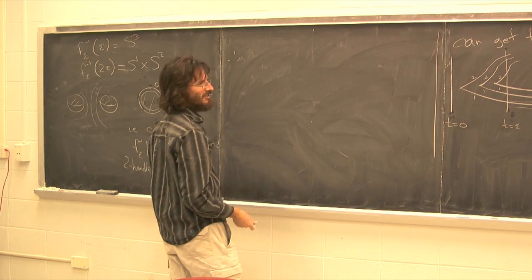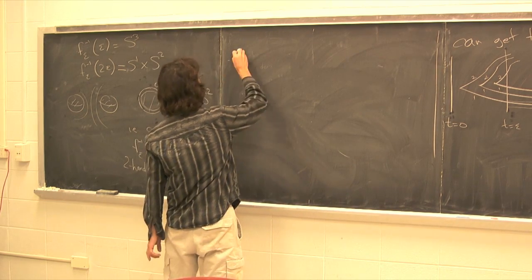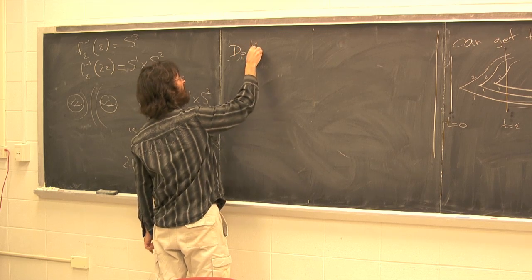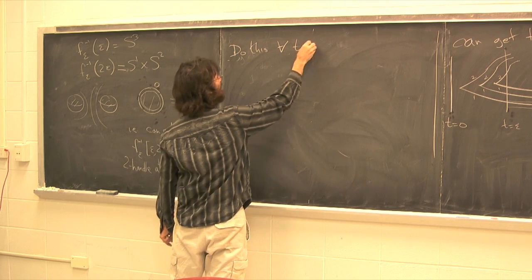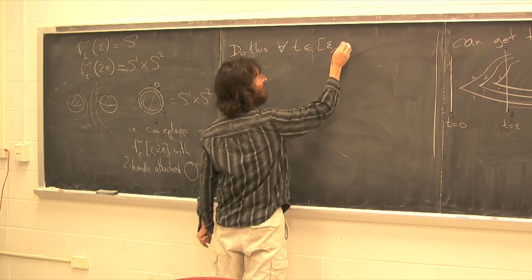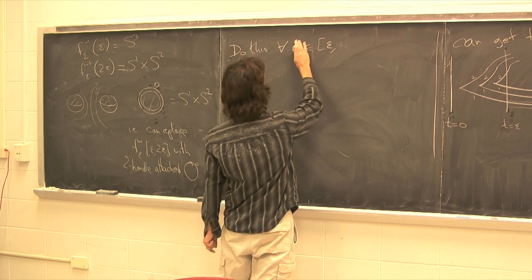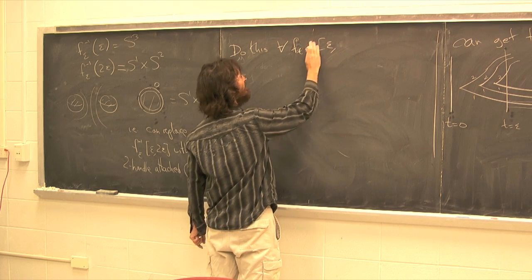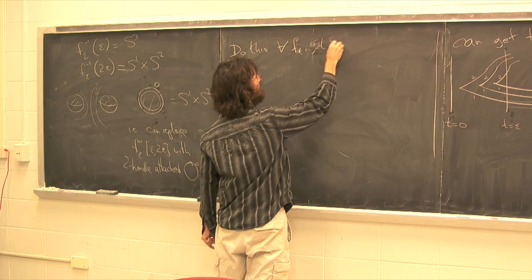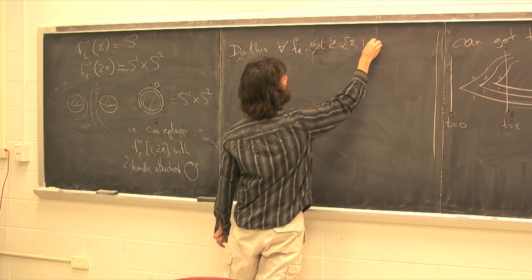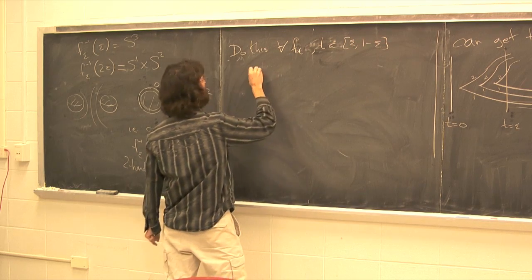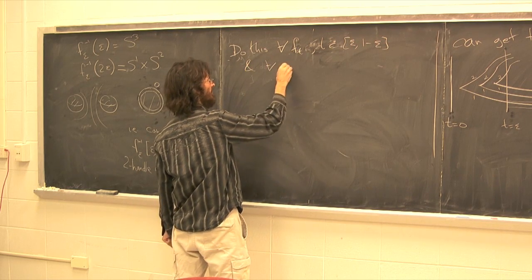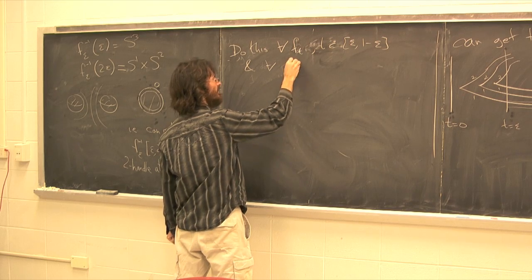Do this, 1 minus epsilon, and for all the index 1 critical points.